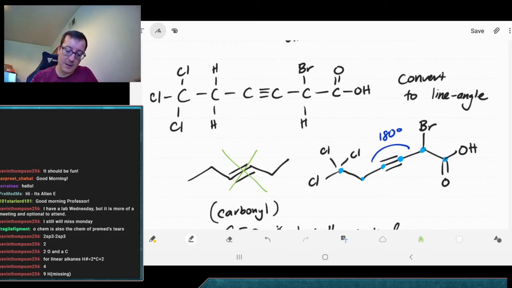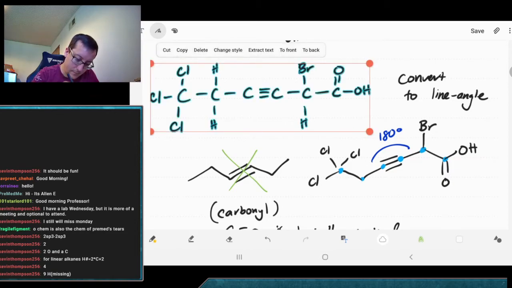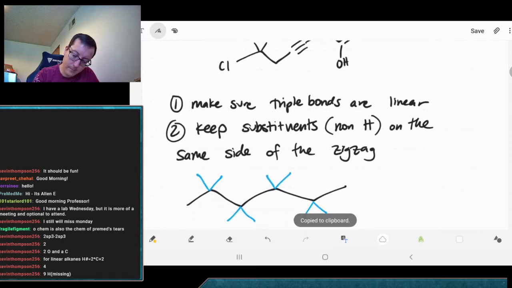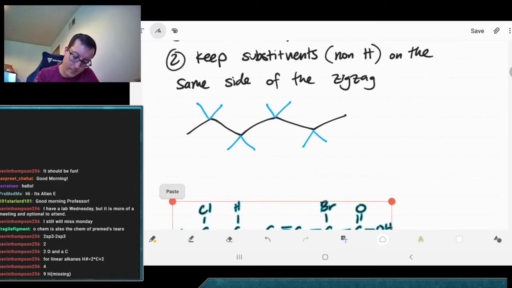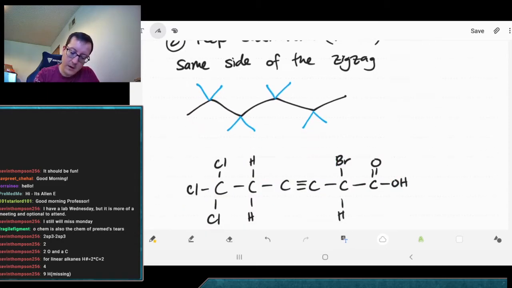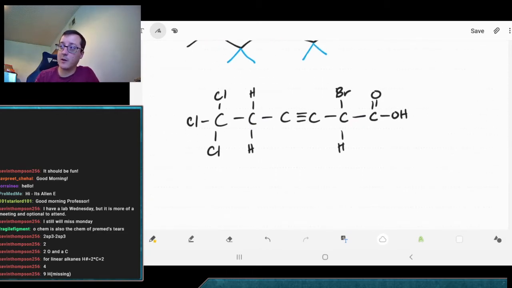So we would write this. I'm going to just copy this actually, and we'll go down so we have more room. If we want to condense the structure to write it out, we could do that.